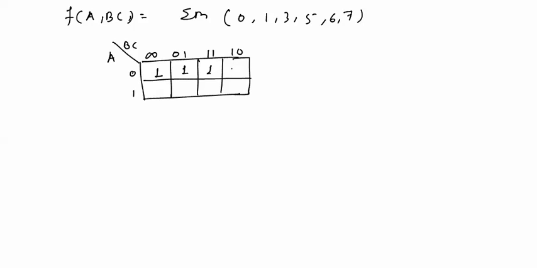For the third combination, it is logic 1. For the fifth combination, it is logic 1. Sixth combination and seventh combination. Now there will be a combination of 4, a combination of 2, and a combination of 2. The expression for F will be F equal to C plus A bar B bar plus A B.